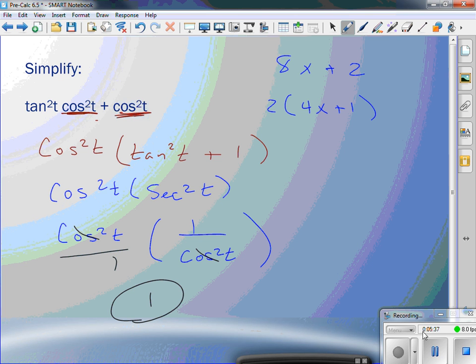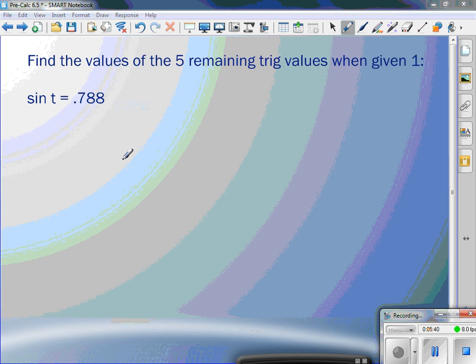Wait. No. We want to find the values of the 5 remaining trig values when given sine. The only one I know is sine. So I still have to find cosine, tangent, cosecant, secant, and cotangent.